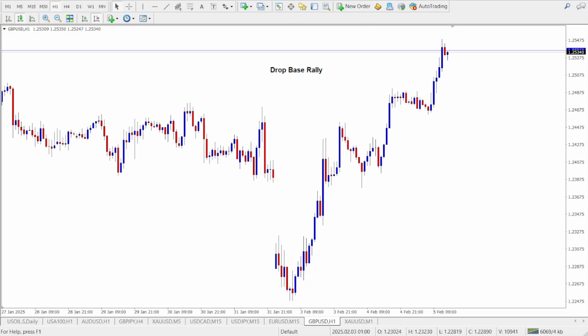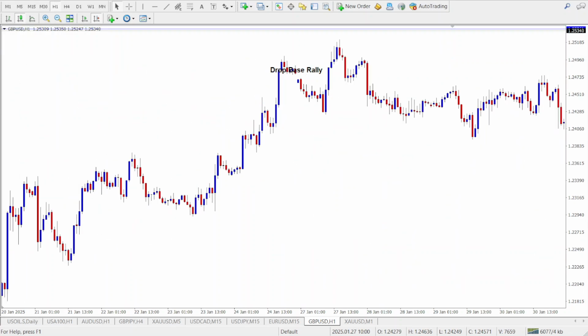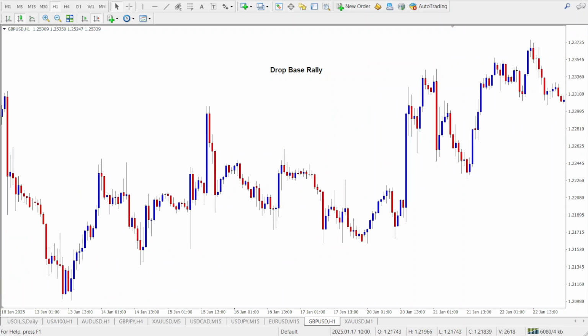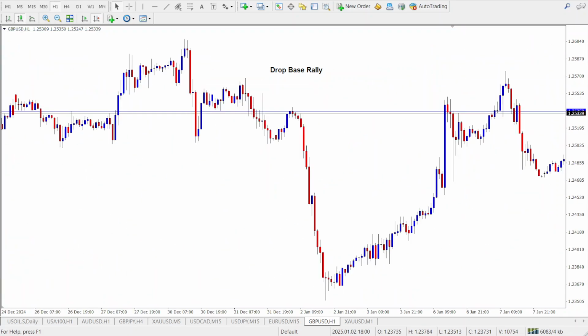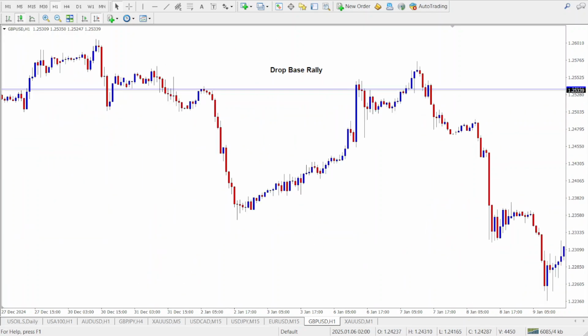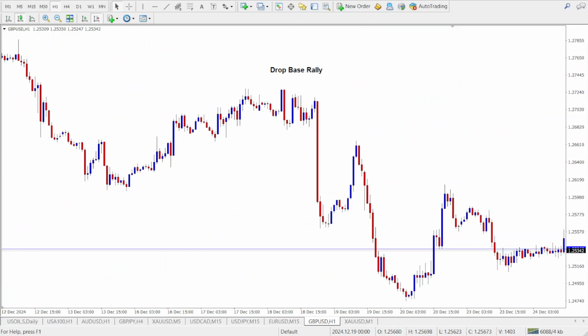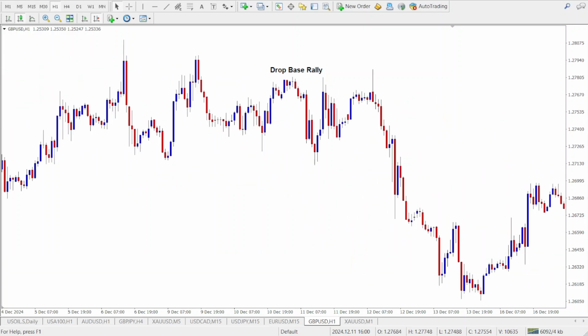What exactly is the drop base rally? Simply put, it's a price action pattern that unfolds in three key stages. The first stage is the drop.